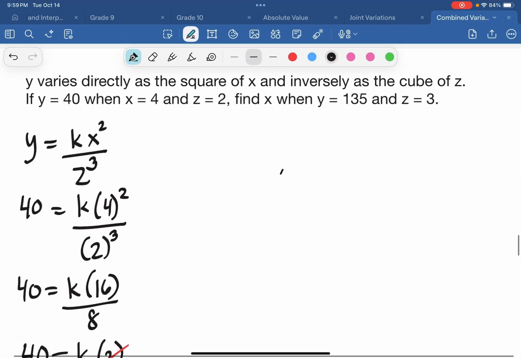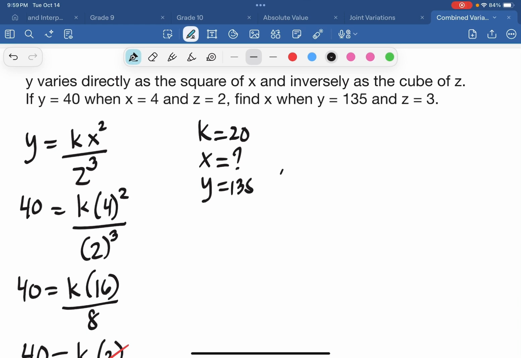Next, we have here the constant, which is 20. X here is missing, y is 135, and z is 3. Based on these given, we could write 135 is equal to 20 times x, which is missing.